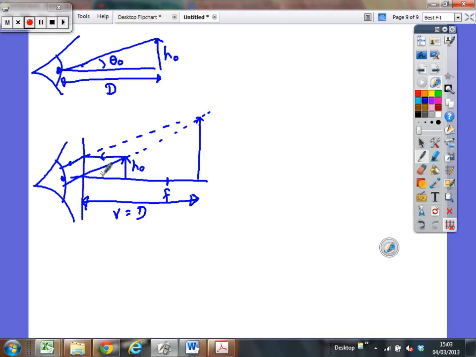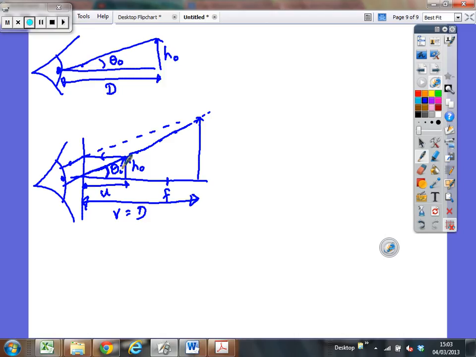Just to define some other things in this diagram, the object is here, so this distance can be defined as the object distance u. We also have another angle: the angle to the top of the actual object happens to be the same angle subtended by the image. Same triangle. So let's call this theta I, the angle subtended by the image.